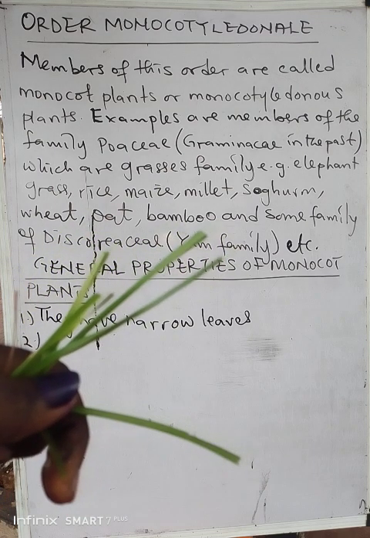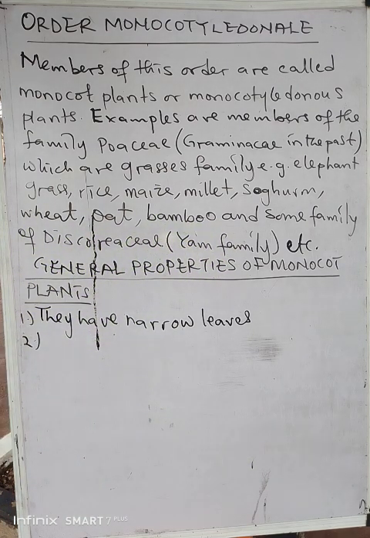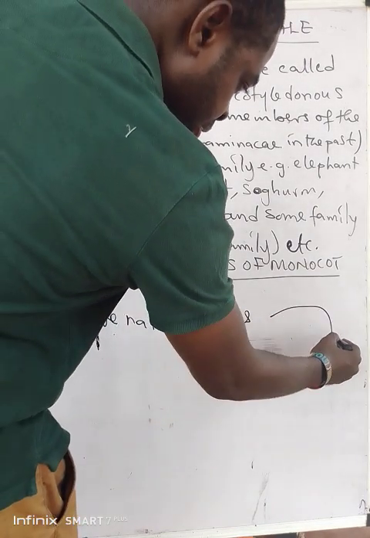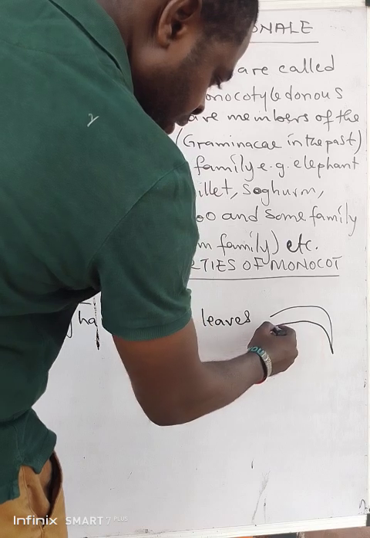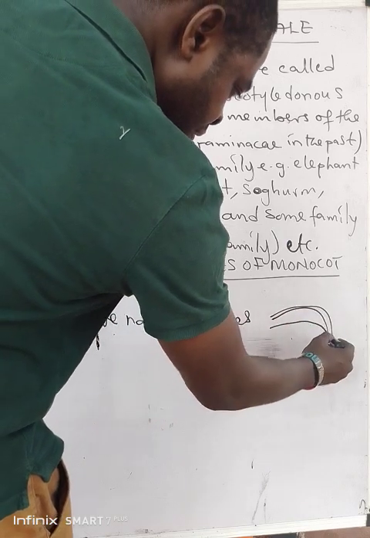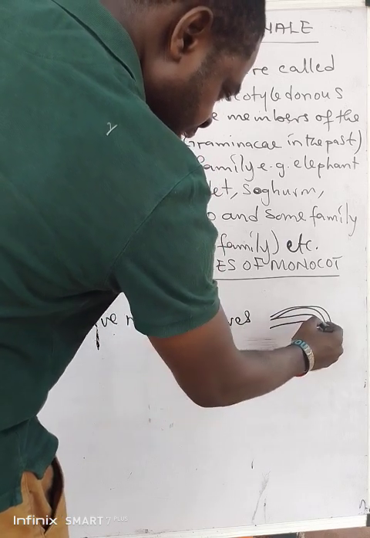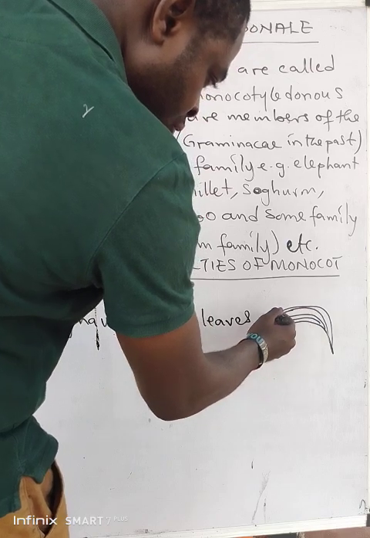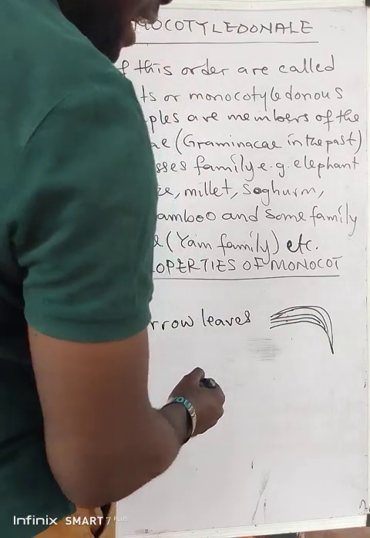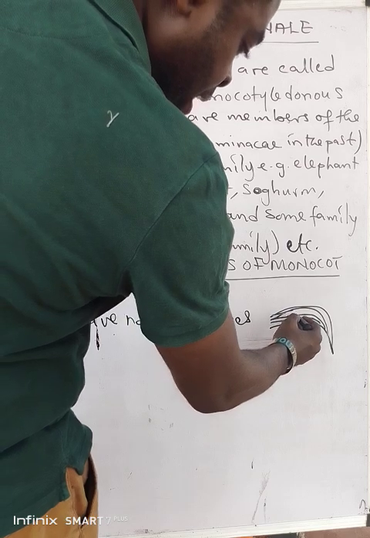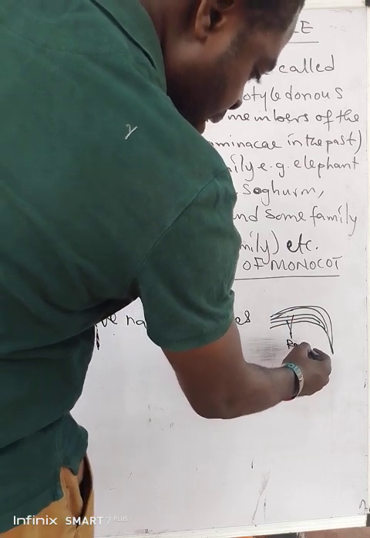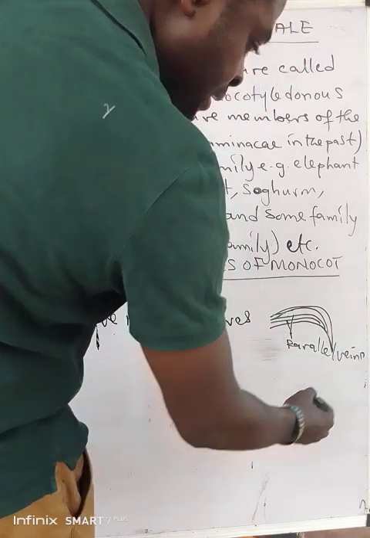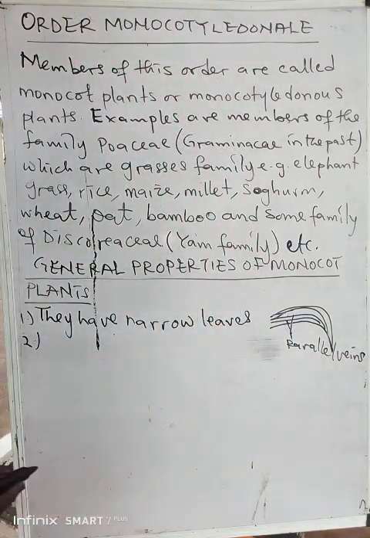You have narrow leaves, then you have parallel veins. Two parallel lines are lines that never meet.